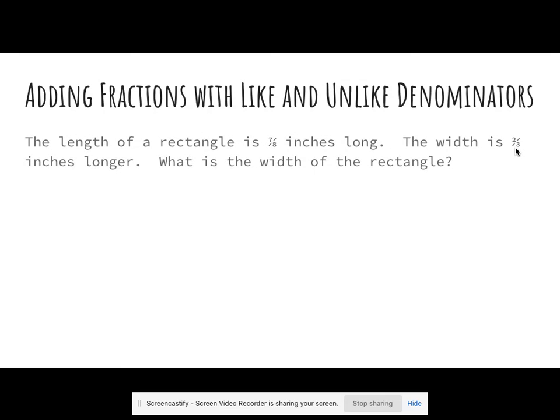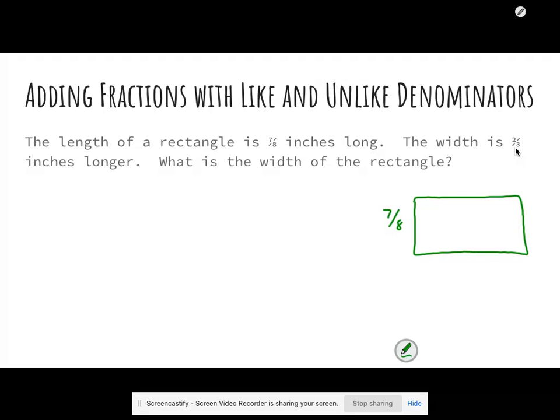So the length of a rectangle is 7/8 inches long. All right, so whenever I see problems like this, I really like to make sure that I draw a picture. The width is 2/3 inches longer. So let's say, because I didn't draw a very good picture, this is my 7/8.